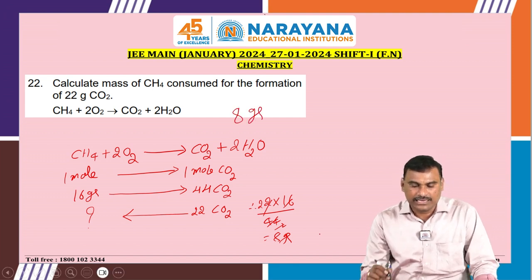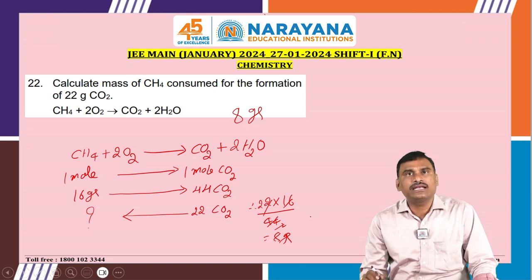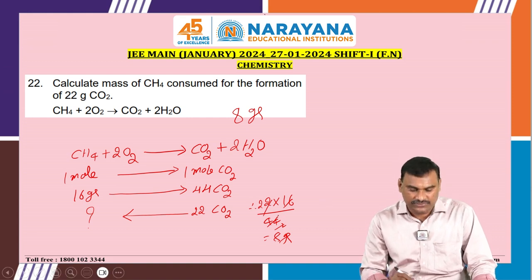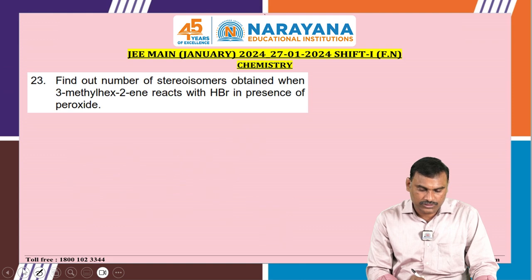The answer is also given in grams. So 8 grams of methane is required to combust to get 22 grams of CO2. Now let us go for the next question.